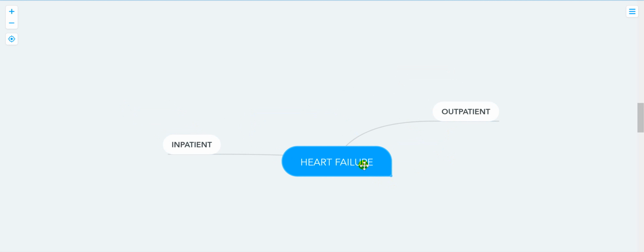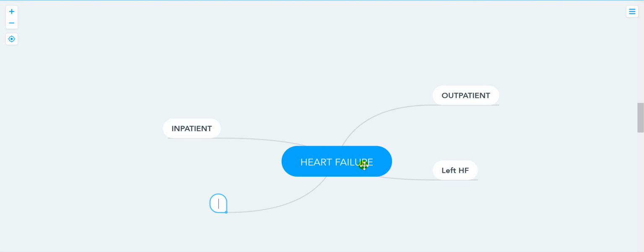Shortness of breath. First we have left-sided heart failure, and we have right-sided heart failure. Let's discuss the signs and symptoms.